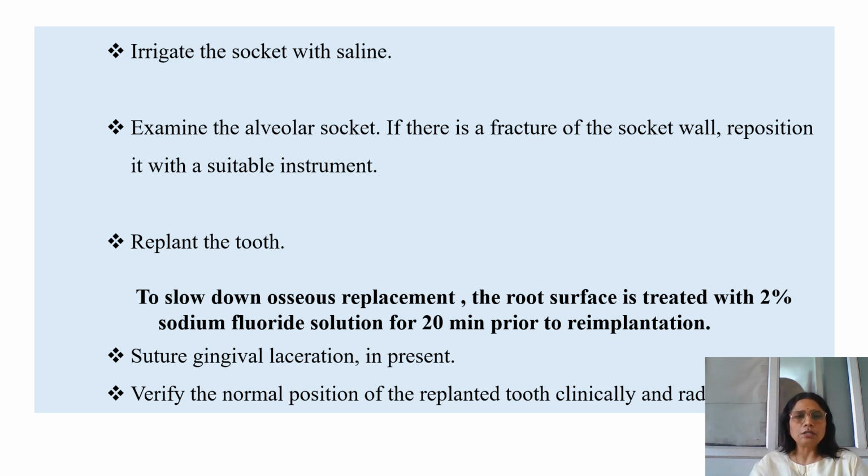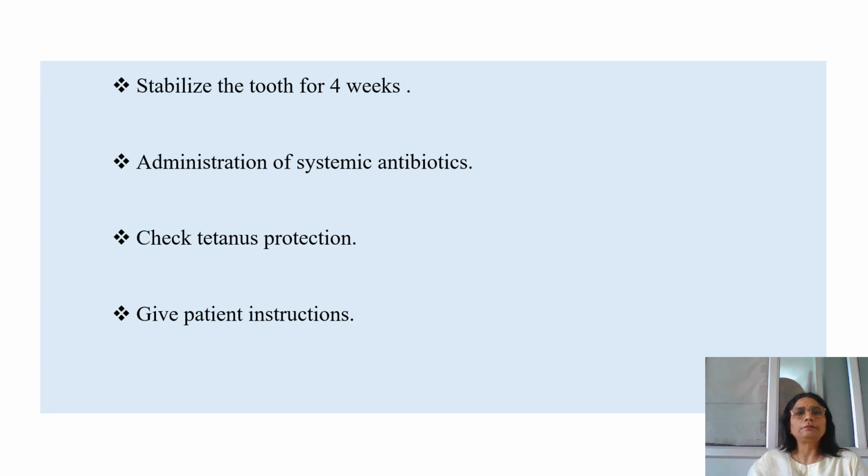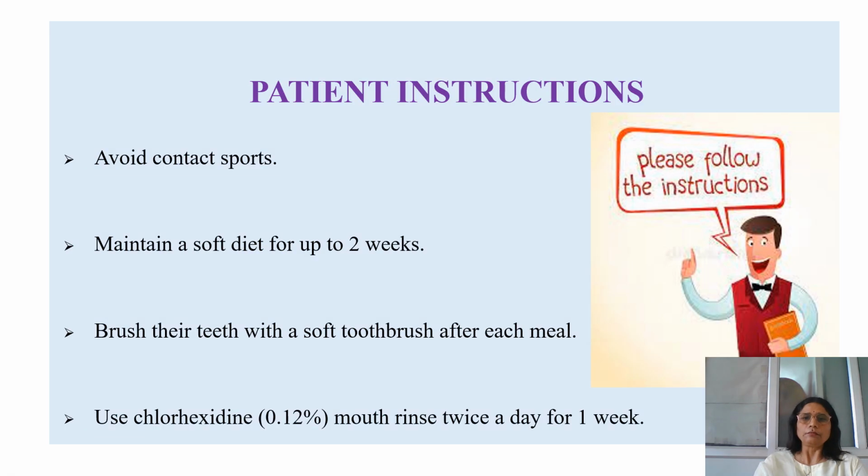Next, we suture the gingival lacerations if any are present. Verify the position of the reimplanted tooth clinically and radiographically. Apply a splint for 4 weeks. Administer systemic antibiotics, check for tetanus protection and give patient instruction.